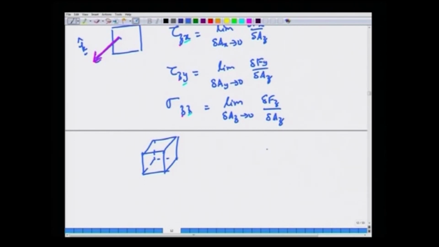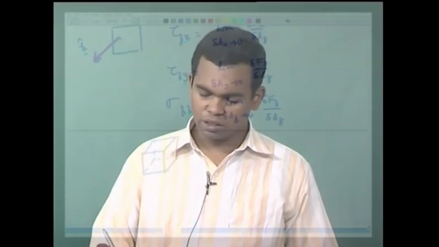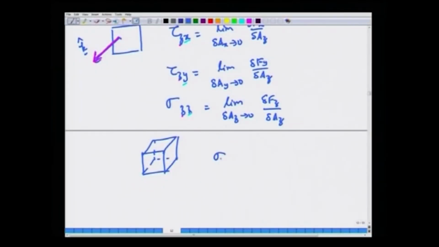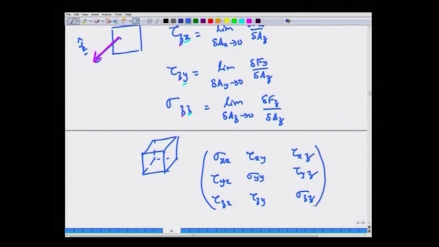As this control volume shrinks to a point, the state of stress in a fluid is denoted by this set of 9 components. So, you have sigma x x, tau x y, tau x z, tau y x, sigma y y, tau y z, okay, tau z x, tau z y, sigma z z. So, this looks like a 3 by 3 matrix. These are the components of the stress tensor written in the matrix form.